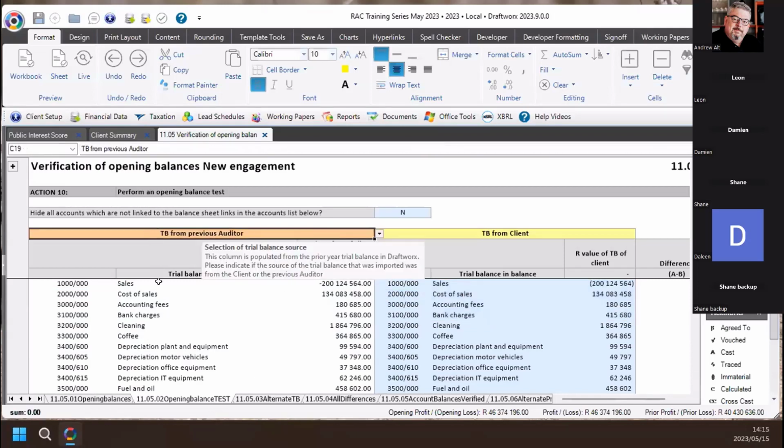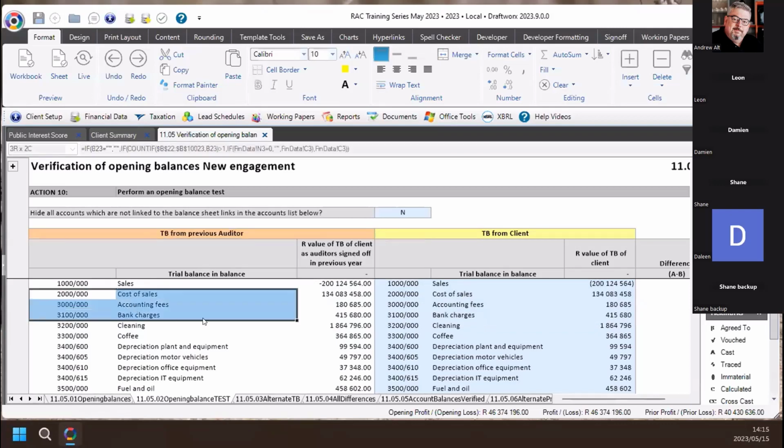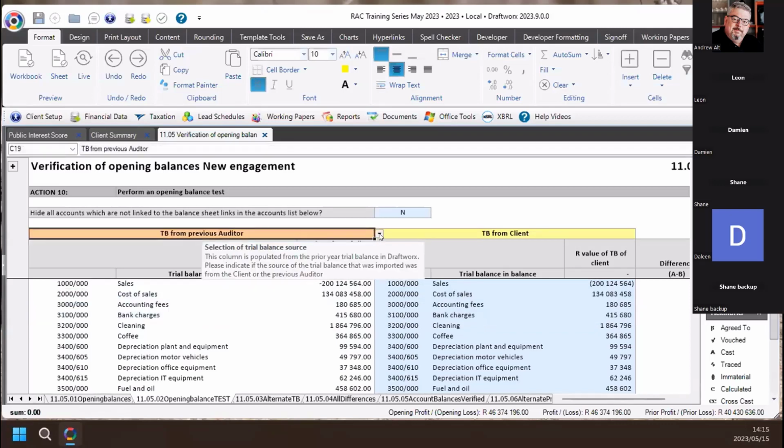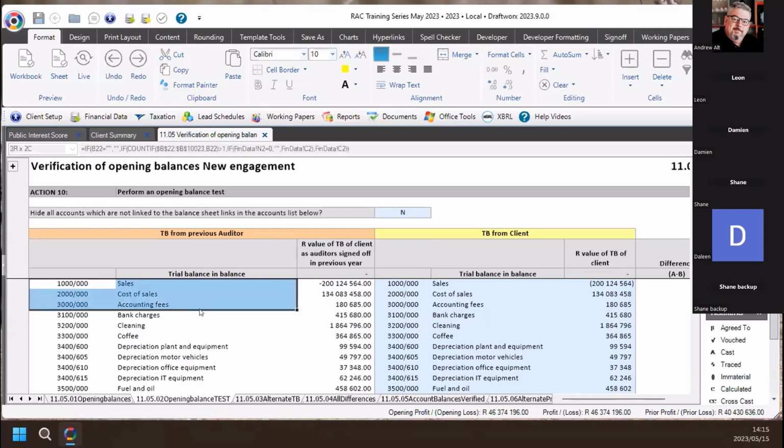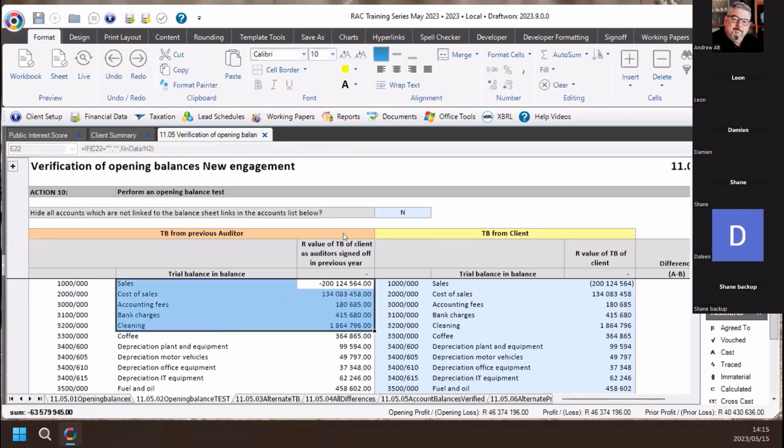But I basically need to just indicate whether this trial balance is what I had as the auditor from last year. So did you take the final audited financial statements and roll that forward to a new year? Then your TB is from the previous auditor, or in this case, it might be yourself. But that's the audited trial balance at the end of the year.